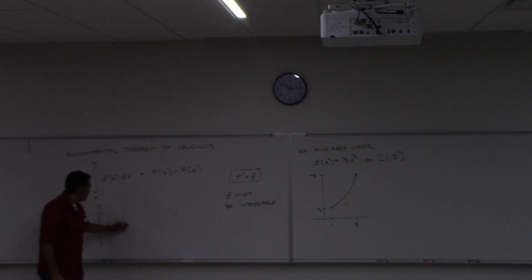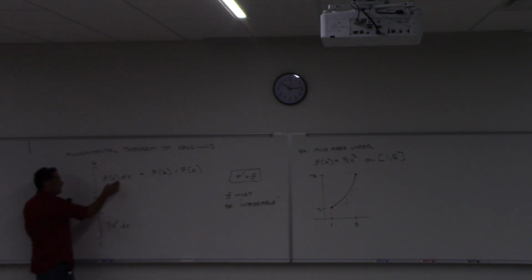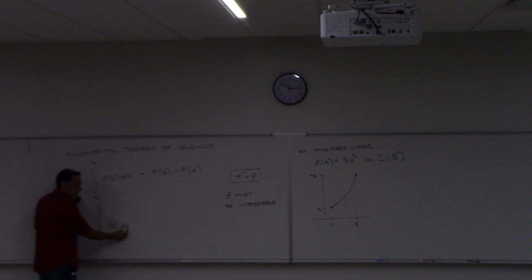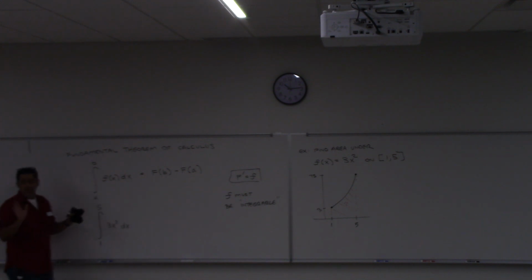Dx has always been what keeps track of our variable in the past, but now it's actually the width of the rectangle. This is the height of the rectangle, this is the width of the rectangle. We're going to add up an infinite number of them, and the fundamental theorem of calculus says you don't have to add up anything. You just have to find the antiderivative, and then plug in the 2 endpoints and you're done.